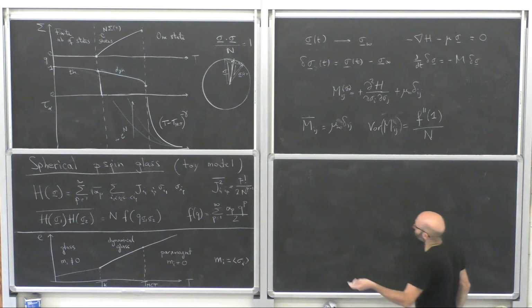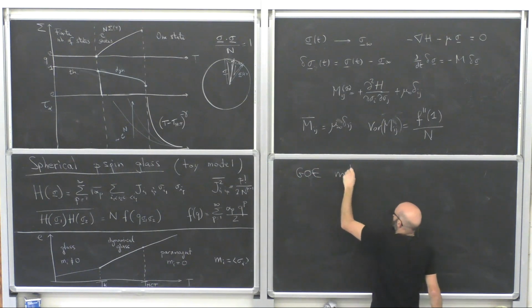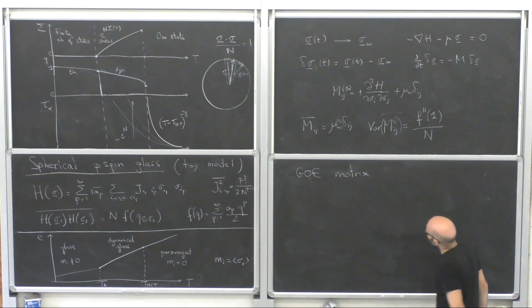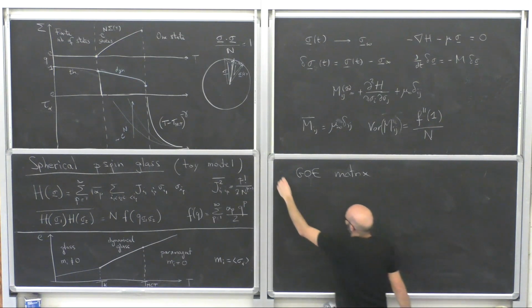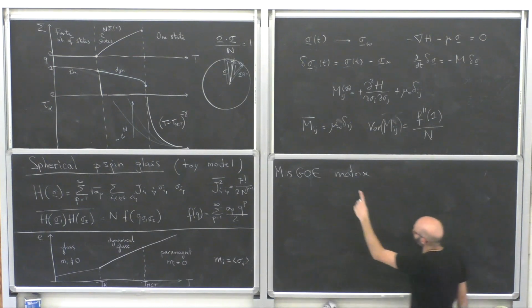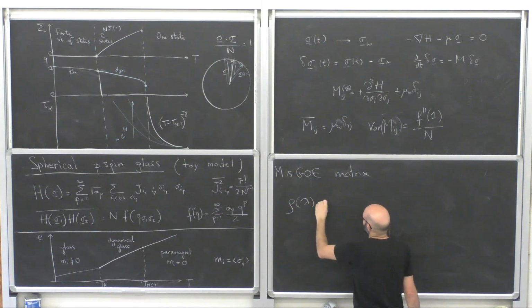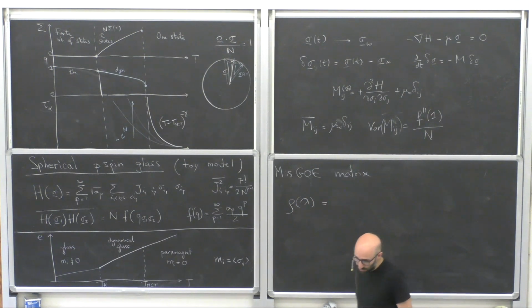So this is a GOE matrix, right? M is, and so the spectrum of M. If I look at the spectrum of the eigenvalues of M, this is given by the semicircle law.